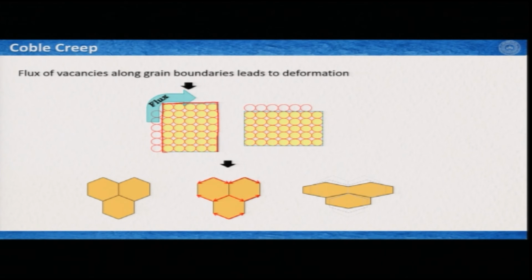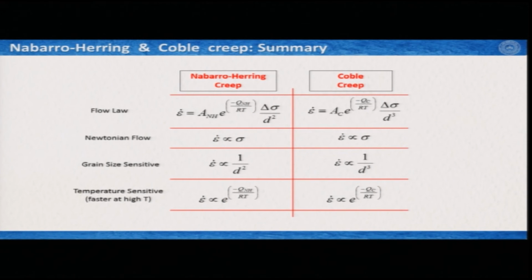Again, this is the size of the grain, you can think of the yellow atoms inside and the vacancies outside, and this grain takes the shape of this in a very similar way. And here, instead of moving through inside the grain, the movements happen along the grain boundaries, but the result is very similar.